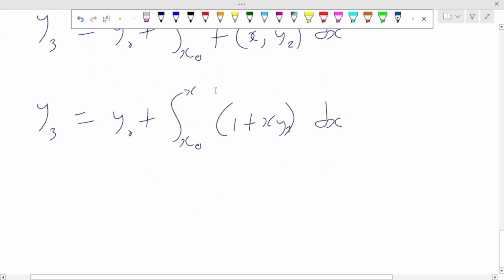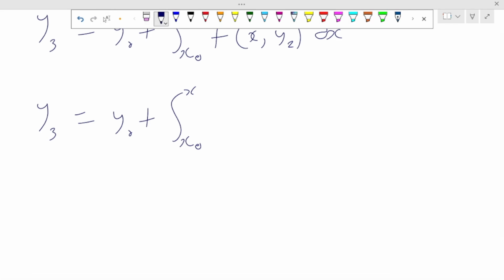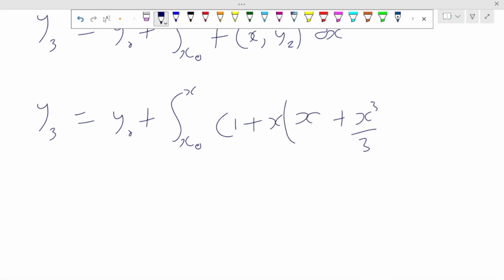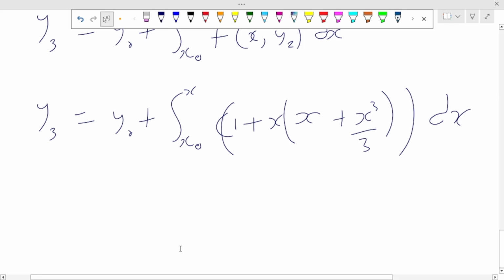So let me expand this. We are going to have 1 plus x times y, and y now is all this. So we are progressing, and this is the last approximation.